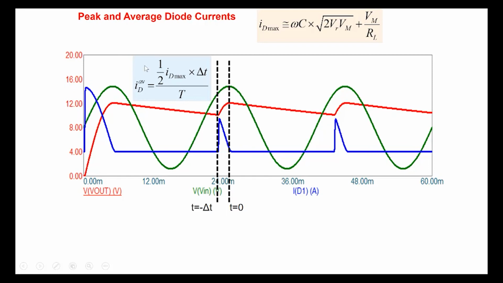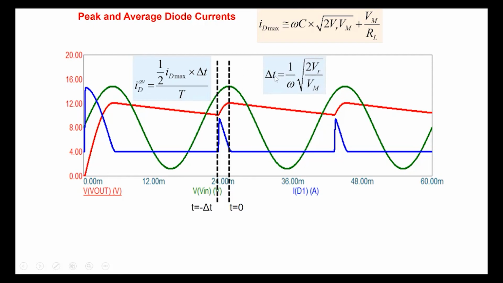So we can determine the average value as the area under the curve, half ID max into delta t divided by T. We take an average from this value to the next peak, doing an integral and dividing by the time period. The integral, if we approximate it by a triangle, is half ID max into delta t divided by capital T.